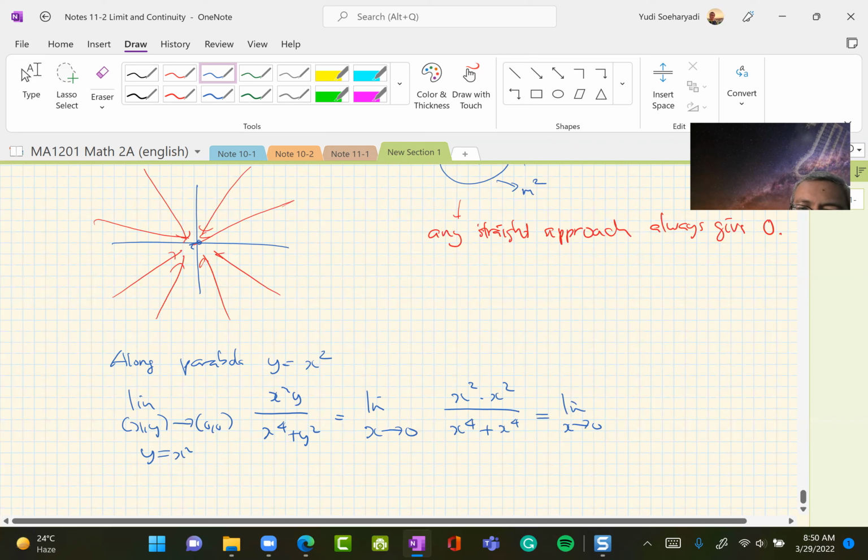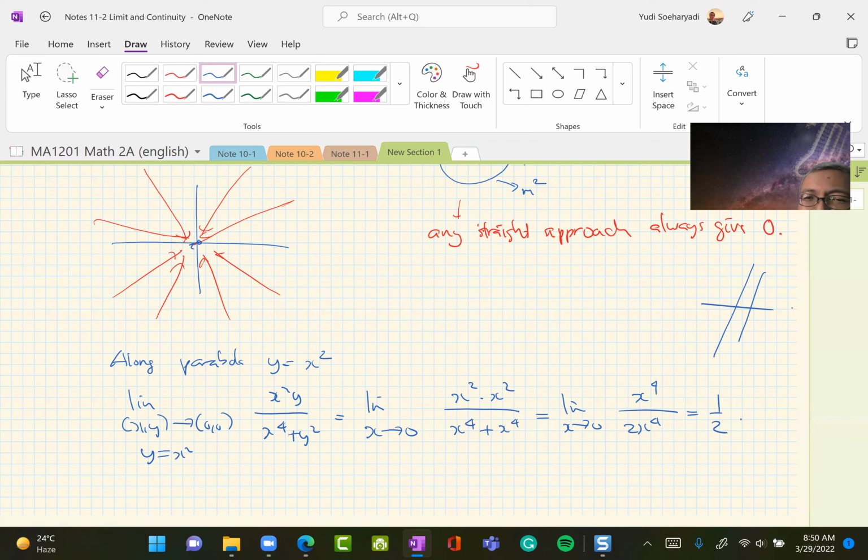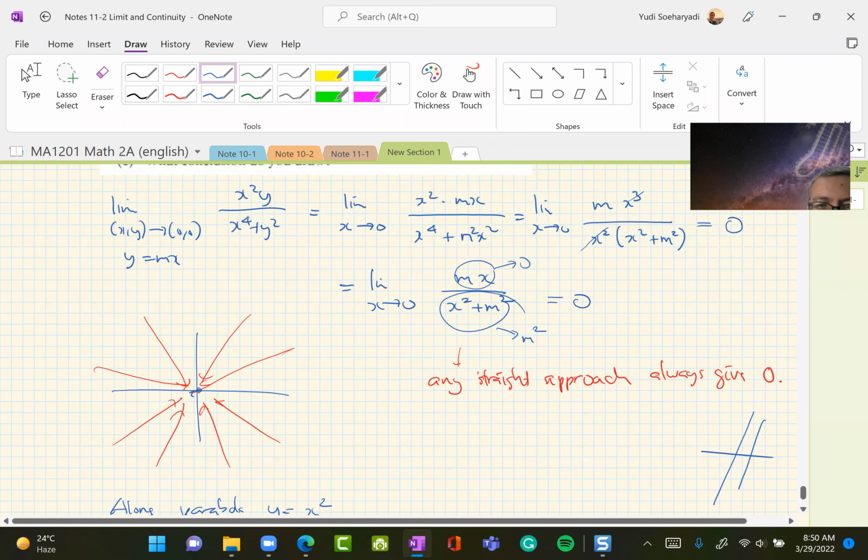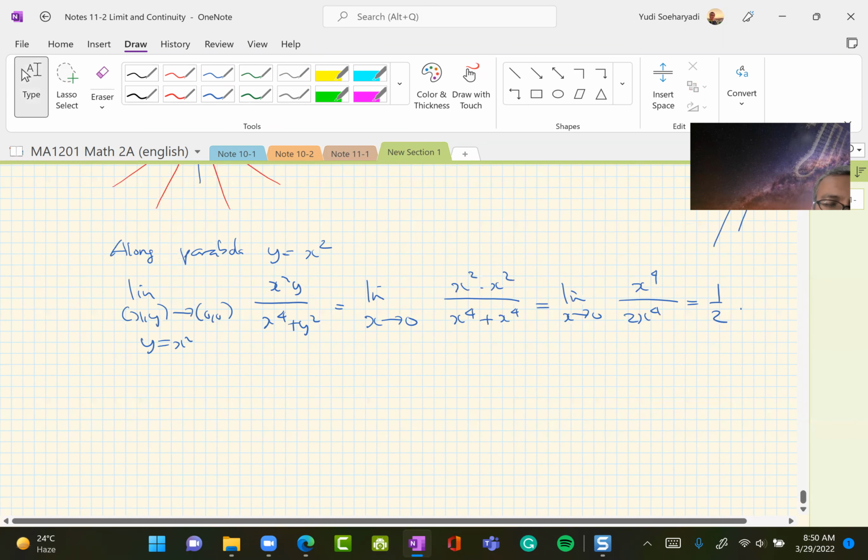So you get x to the 4 over x to the 4. So then these are not the same. Okay, so we found approaches that give different values. Any straight approach gives you 0, whereas any approach through the parabola gives you 1/2.